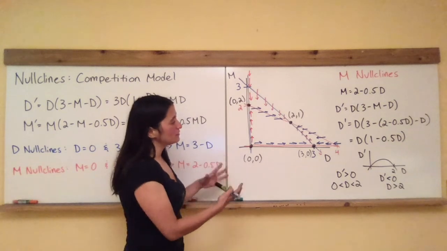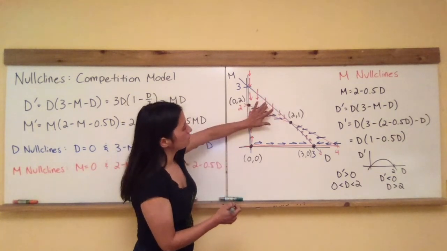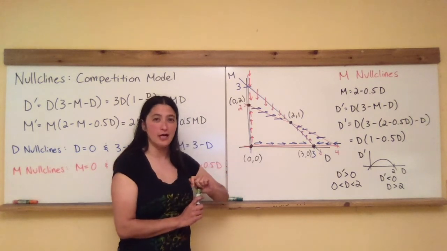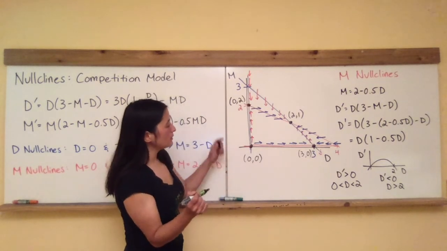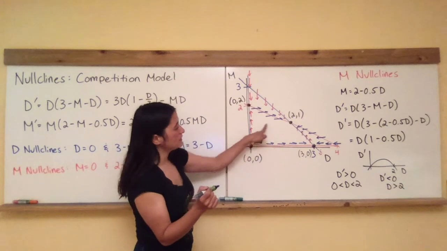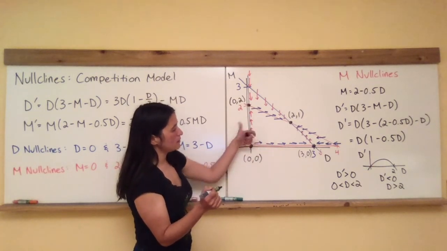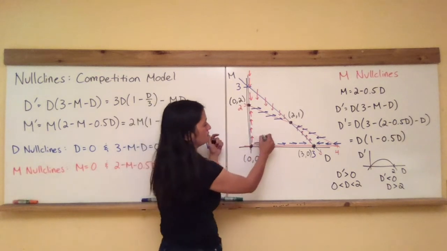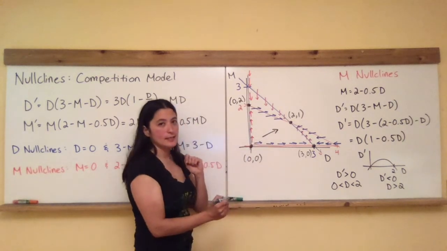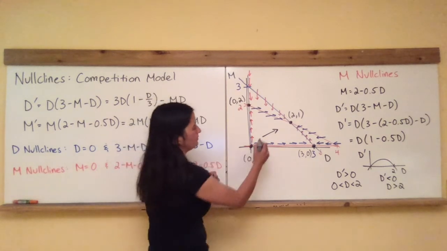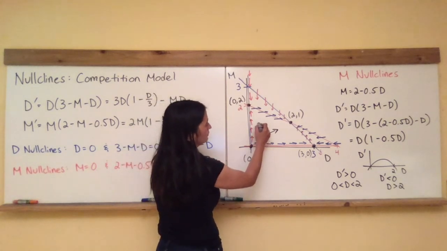And looking at the nullclines and then analyzing the different regions that it cuts the state space into will tell us that answer. Okay, so over here in this region as a whole, things are pointing to the right and they're pointing up. So they're pointing up and to the right. So they're basically pointing like that. Now again, I can't guarantee that I know exactly what the slope is. They might be pointing a little bit shallow.